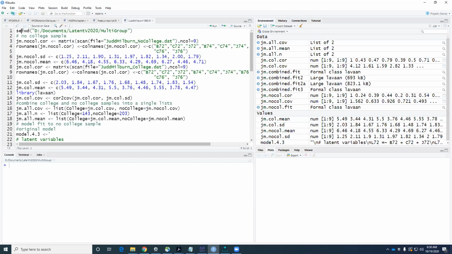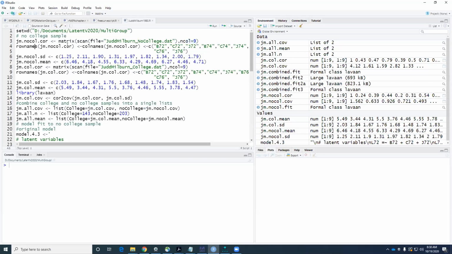So this sets my working directory to be where I'm doing the work. Comments in R are started with a hash, and I can then read in my correlation matrix with 9 columns of data, and that will go out and suck through all of the correlations for me.